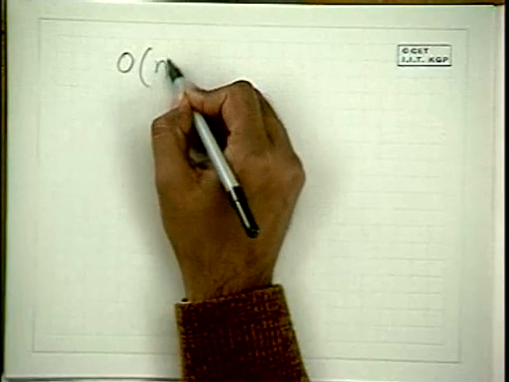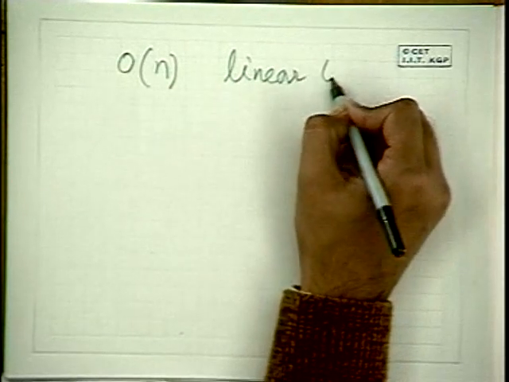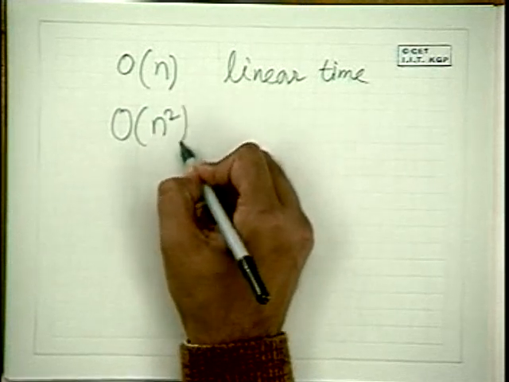Now let me go over some of the well-known complexities which we will encounter all the time. We'll see order of n. This is called linear time. Sometimes we will see an algorithm of order n square or theta of n square.